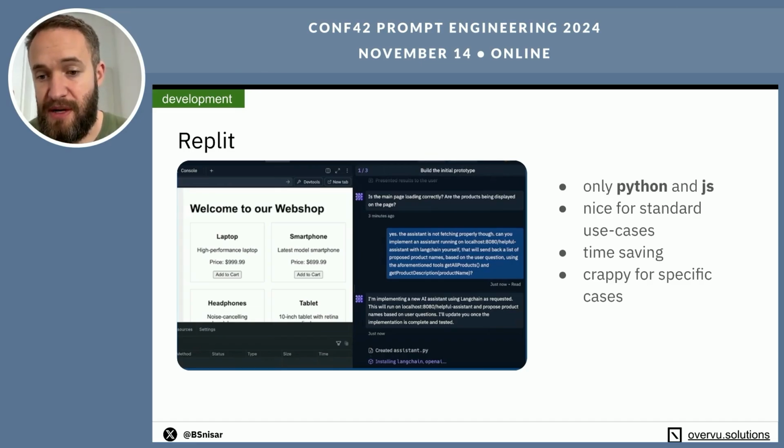What tools do I personally find interesting? It's Replit, for example. In reality, it's a reflection of AI agents that try to build some ready-to-use solution. It works only for Python and JavaScript. The majority of LLMs are well trained on these, and it's really bad for some rare languages or complex languages like Rust.